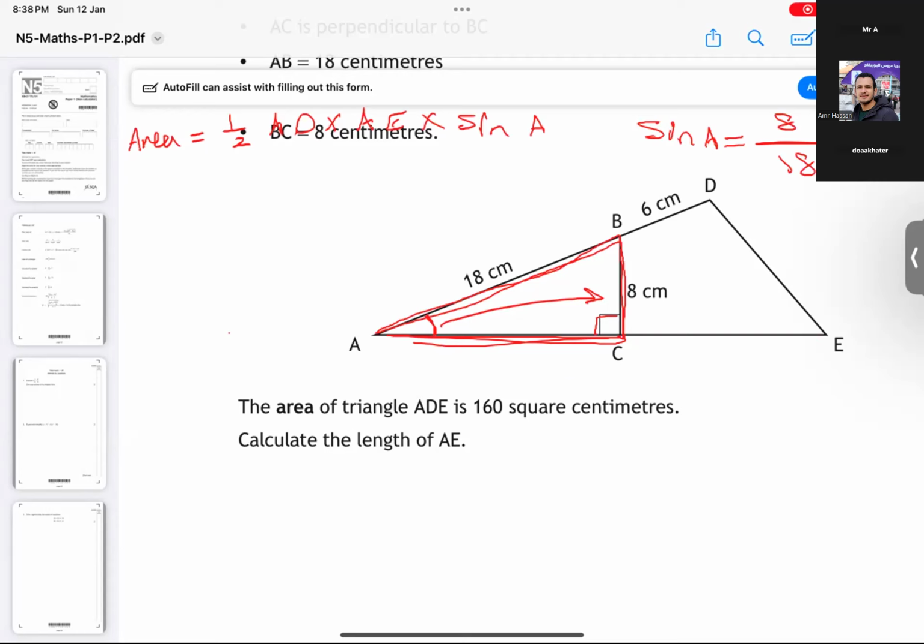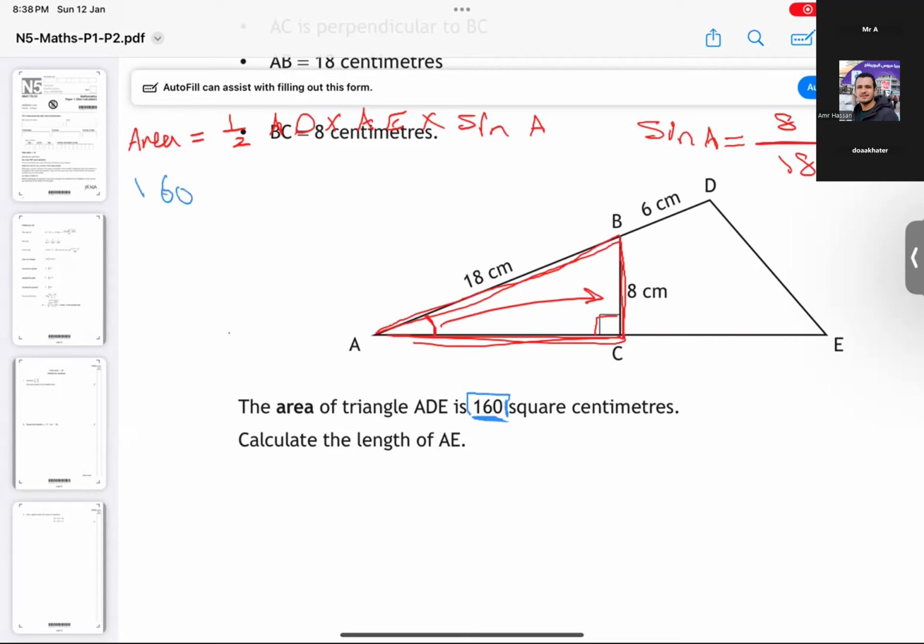Did you get it? Okay, do you have the area? No. Yeah, you have it. It's been given already. Yeah, I know, but I thought you meant the second half triangle. So what is the area? 160 divided by 2.